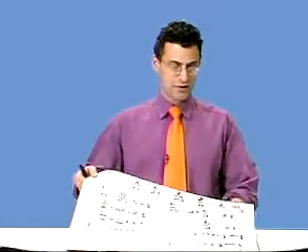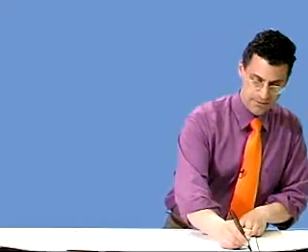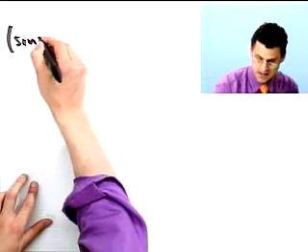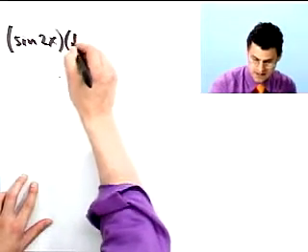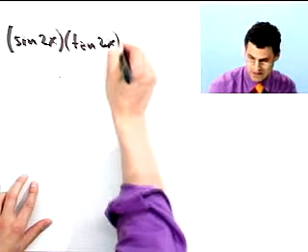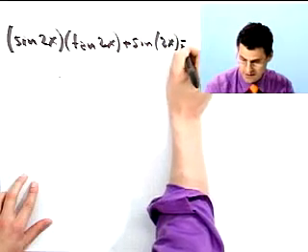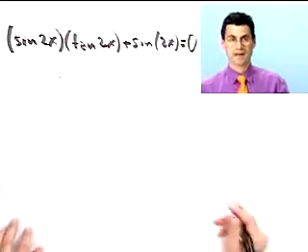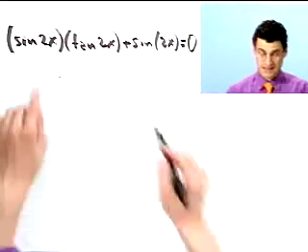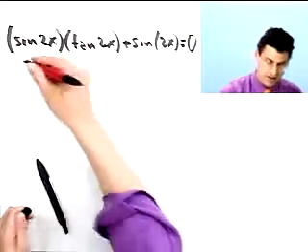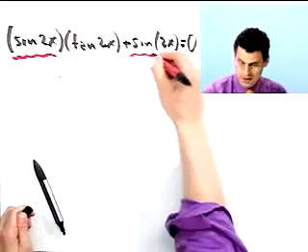Okay, let's try one last one. How about this? Sine of 2x times tangent of 2x plus sine of 2x equals 0. And I want to solve that. So I can see I can factor out a common factor immediately of sine of 2x.